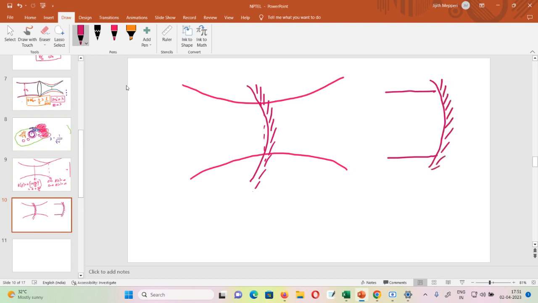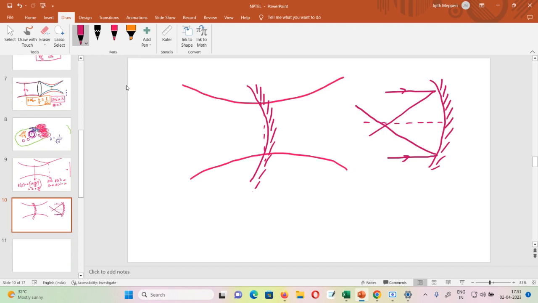It will focus. So now at the beam waist, the Gaussian will also act as a plane wave only.